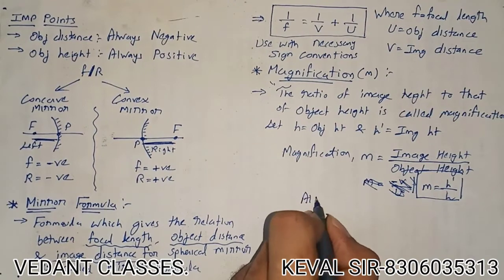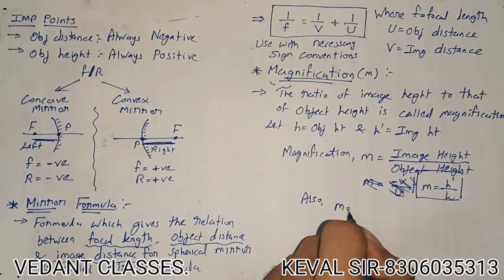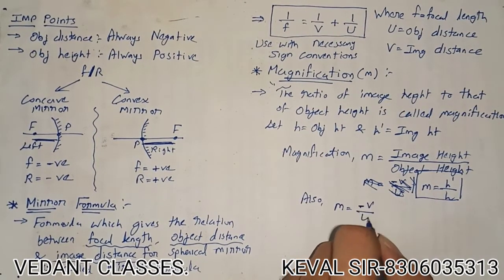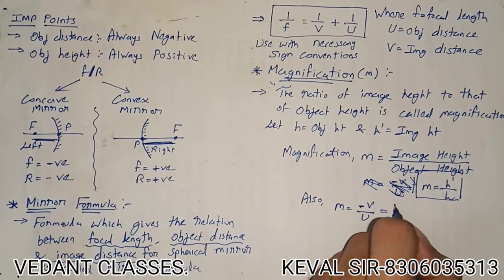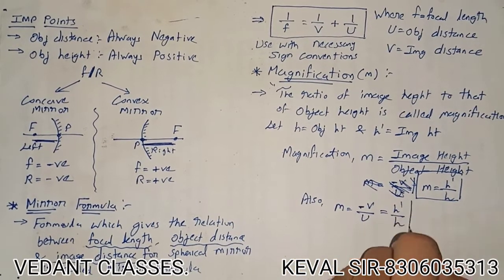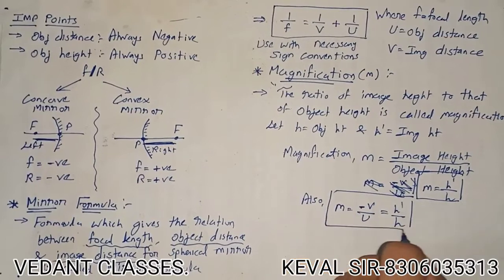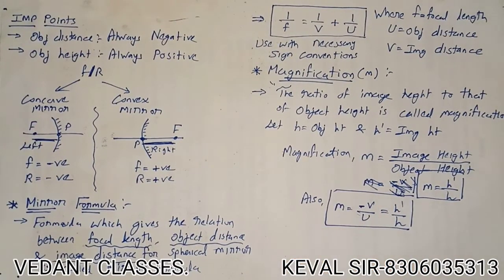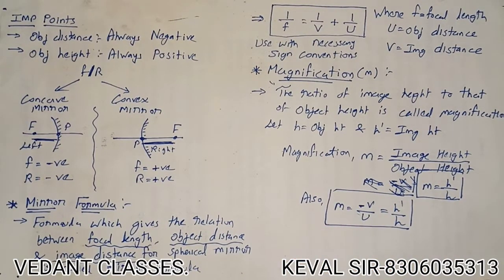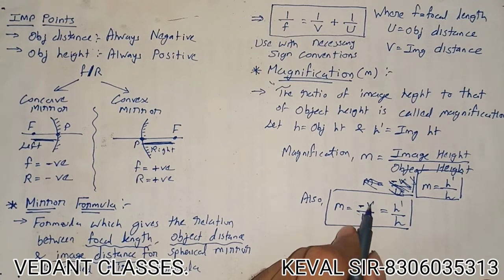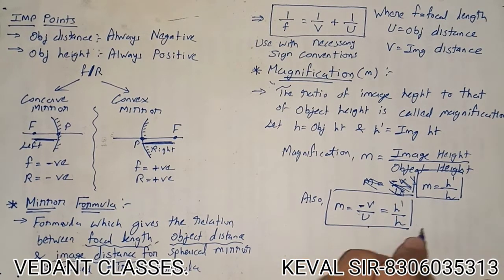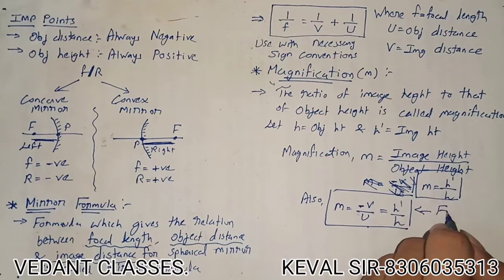Also we have one more relation, m is equal to minus v by u, so you can compare it. These are formulas you don't need to derive, you just need to remember them to calculate the sums. So m is equal to minus v by u, this is for the spherical mirror.